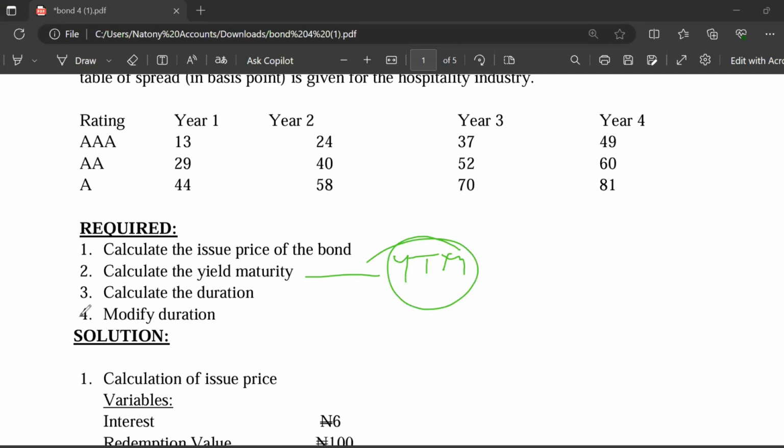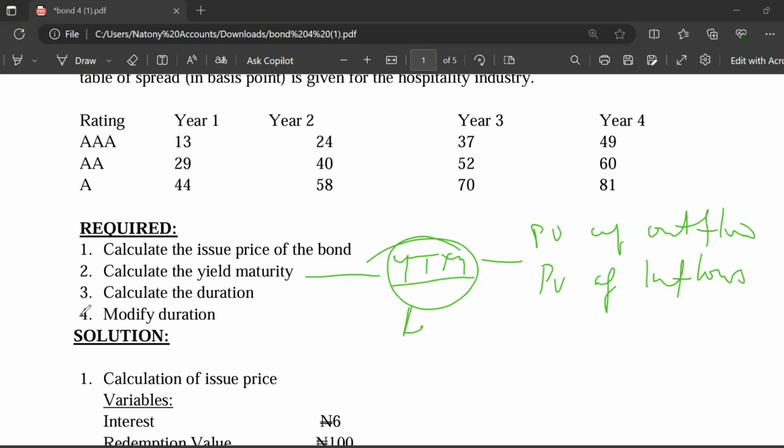So for your IRR or your calculation of YTM, which is the same as your IRR, you are looking at PV of outflow and PV of inflows. For the bond valuation, we are looking at it from the perspective of the investor. So the IRR or the YTM is the investors' or the lenders' required rate of return.